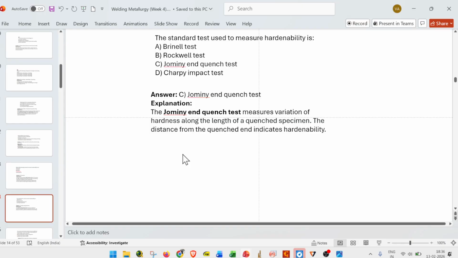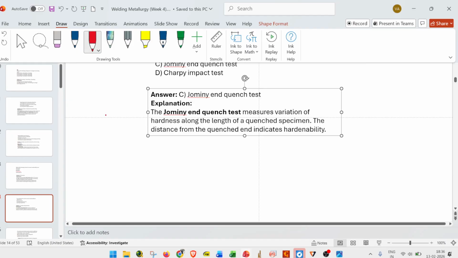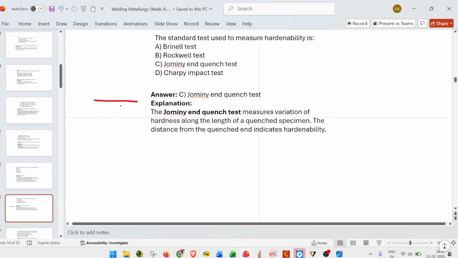Next, the standard test used to measure hardenability is, okay, which test is that? Brinell test? No, this is a hardness test. Rockwell test? No, it is also a hardness test. Charpy impact test? It measures toughness. So the Jominy quench test. This test is conducted like this: we have a sample, and we heat it above the recrystallization temperature.